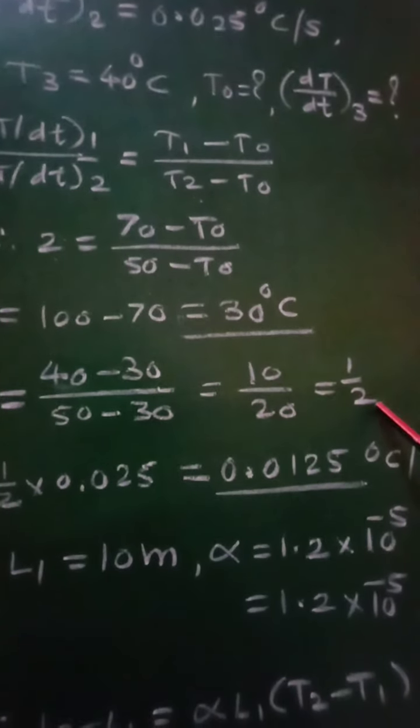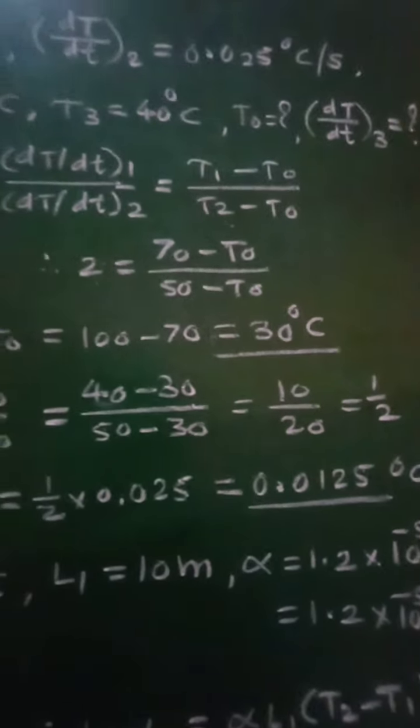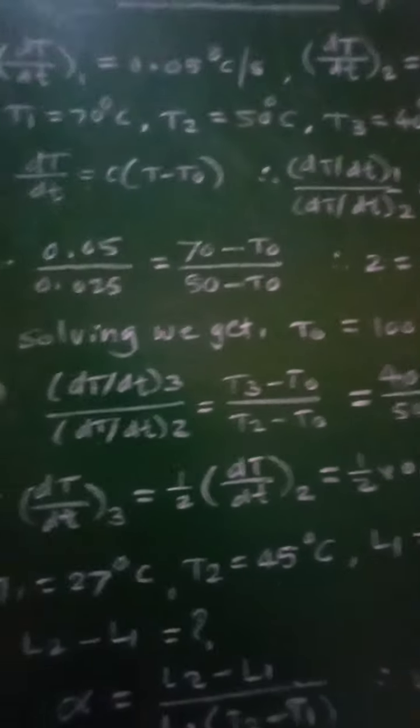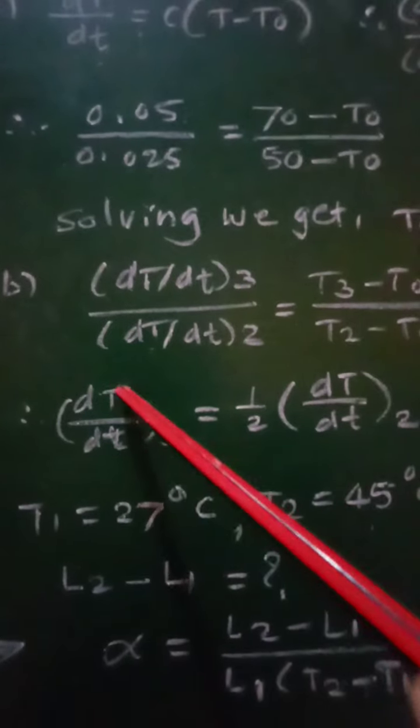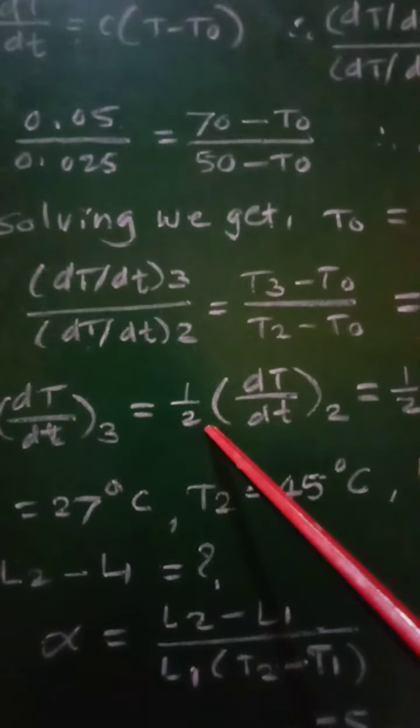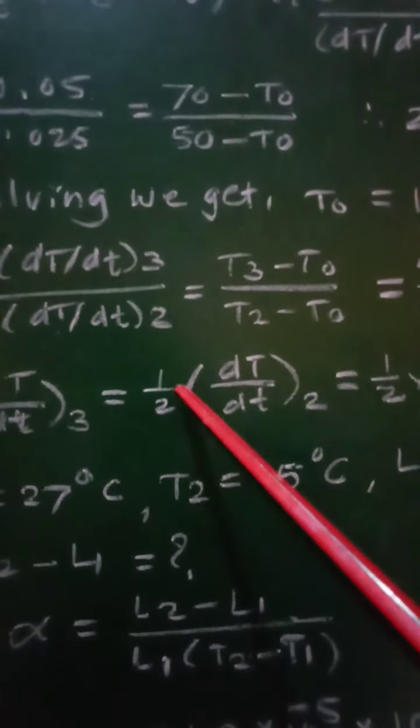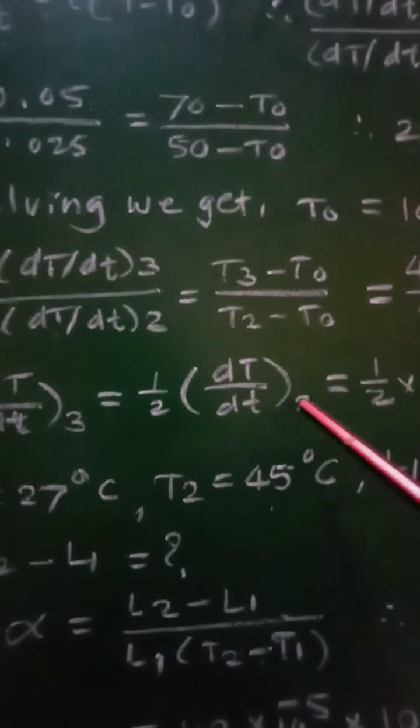As this ratio is equal to 1 by 2, therefore we can write (dT/dt)3 equal to half into (dT/dt)2.